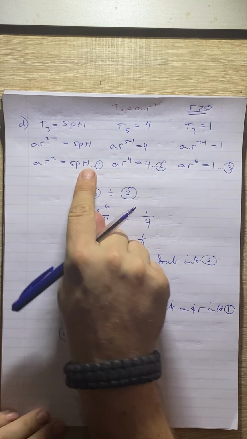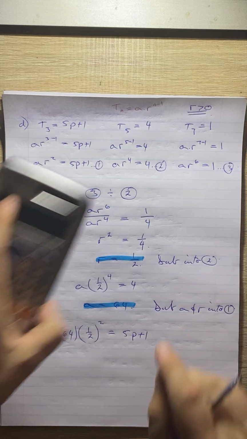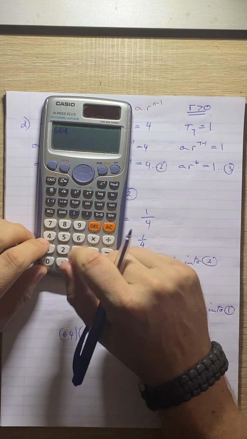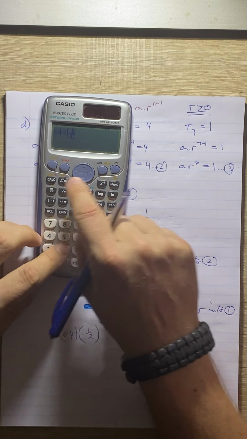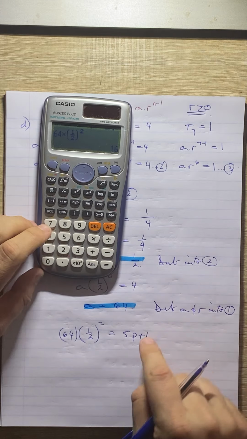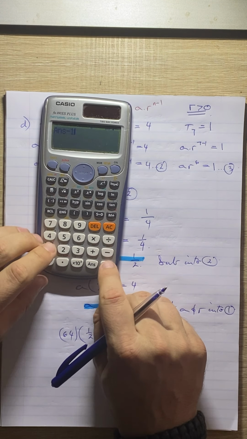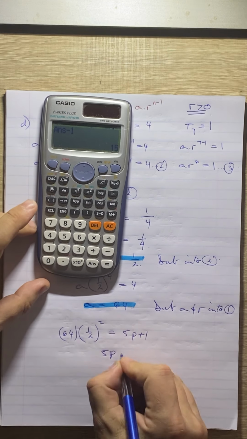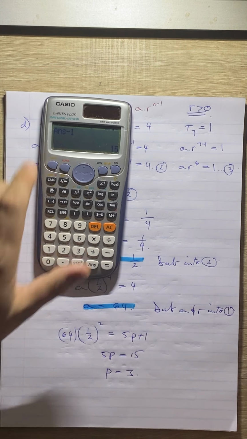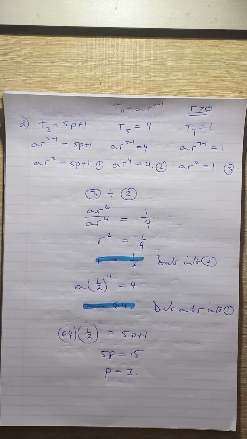I'll just substitute all into there. Over here I'm just going to miss a few steps. We've got 64 multiplied by a half to the power of 2. I'm going to subtract 1 from that, and we get 5p is equal to 15. So p is equal to 3. And that's our solution, grade 12s. Thank you.